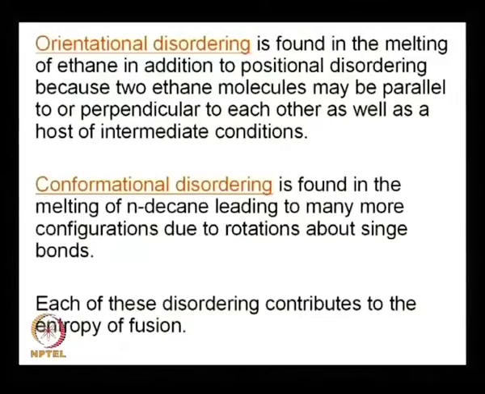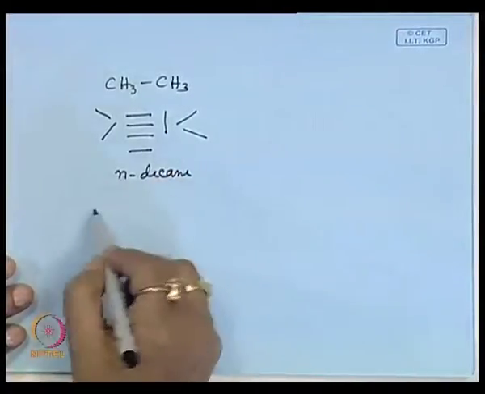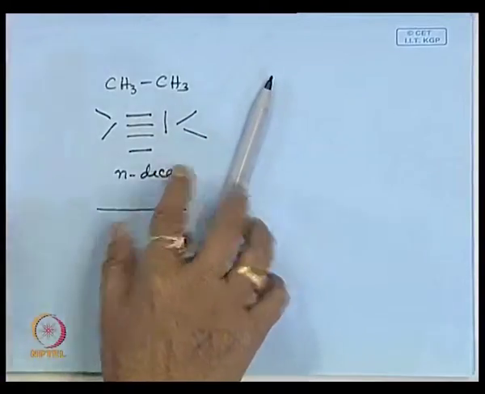Then further increasing the number of carbons from ethane to propane, butane, pentane, hexane, heptane, like here one example is given, normal decane containing 10 carbon atoms, that means the molecular size is bigger. Now, in the case of ethane, the two methyl groups can rotate along the carbon-carbon bond, and we can have an infinite number of orientations, infinite number of disordered stages.